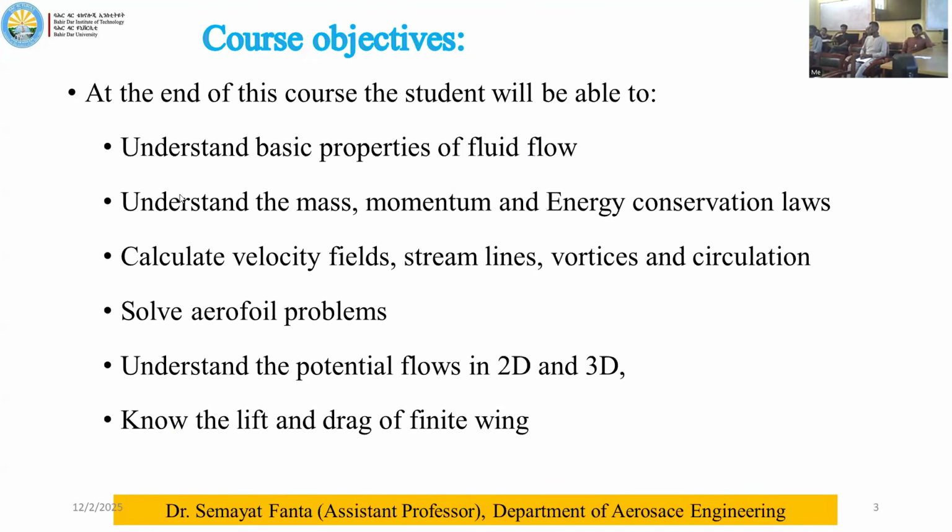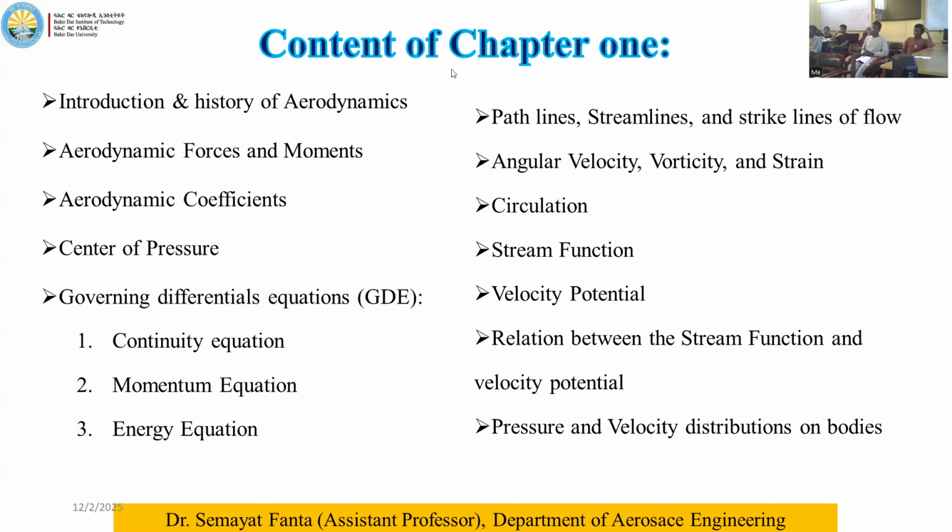And finally, to calculate the lift and the drag of a one-dimensional wing as well as a finite wing, what it's called, a 3D wing. So we'll cover these topics in the first chapter.